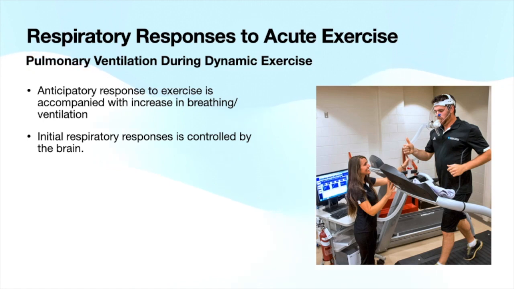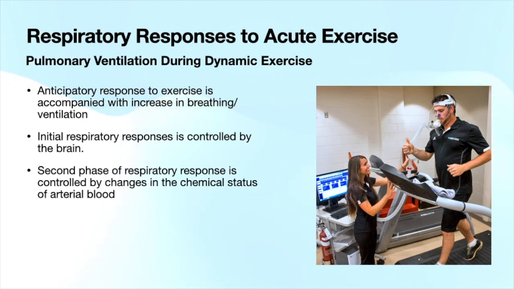After that initial response controlled by the brain, another factor that can change the breathing rate and the depth of inspiration is the respiratory system's response to changes in the chemical status of the arterial blood.